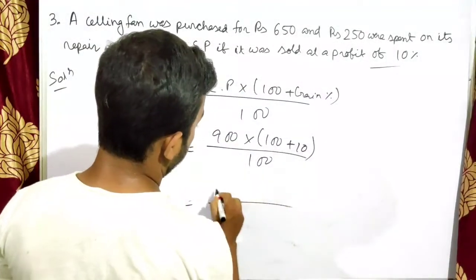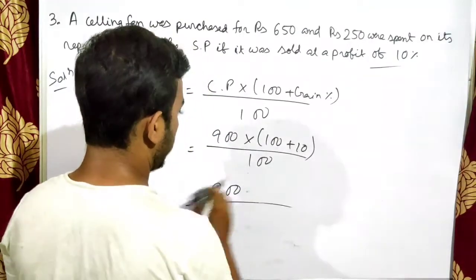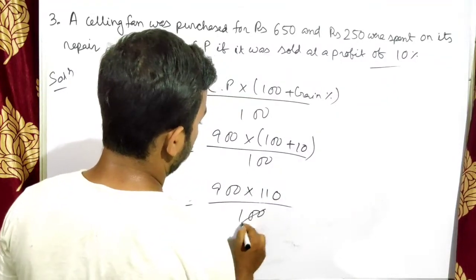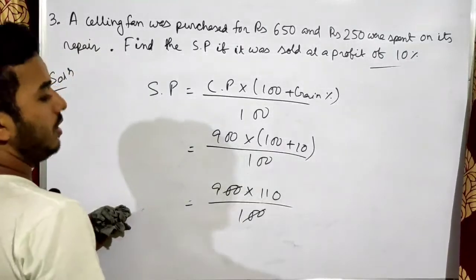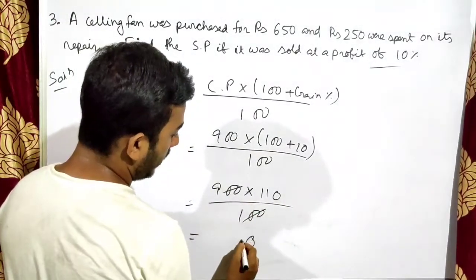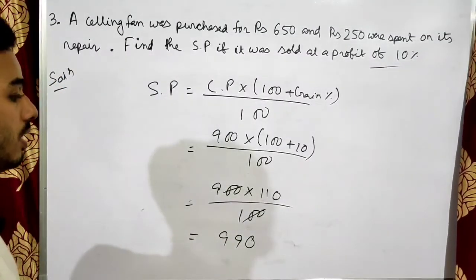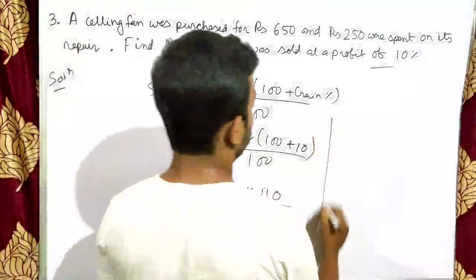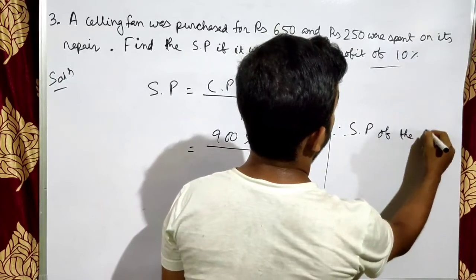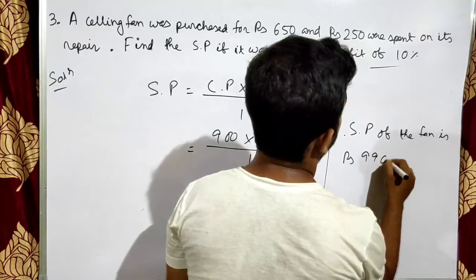Let's first sum up the 100 and 10. It will be 110, isn't it? Divided by 100. So now this 0 0 will be cancelled. Now let's multiply. 9 into 0 0, 9 into 1 9, then 9 into 1 9. Okay, that is 990. So we'll write therefore SP, that is selling price of the fan, is rupees 990.